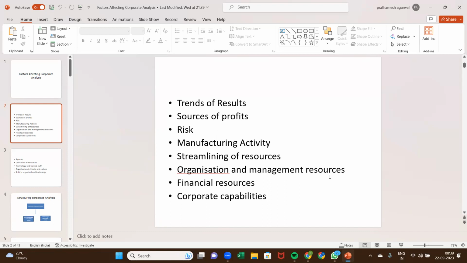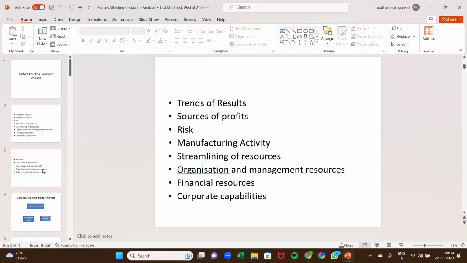So the capabilities of all the people in the organization should be streamlined. They should work in harmony and they should have a uniform direction. They should not go here and there. They should have a uniform direction in order to fulfill the organizational goals and objectives. Then we have financial resources, corporate capabilities.